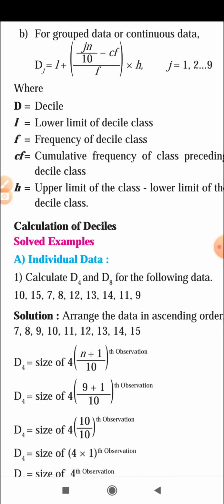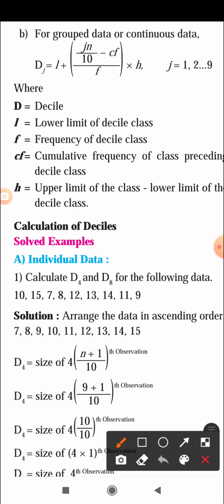D4 is equal to size of 4 into (n plus 1) upon 10th observation or item. So D4 is equal to size of 4 into (9 plus 1), because the value of n is 9.